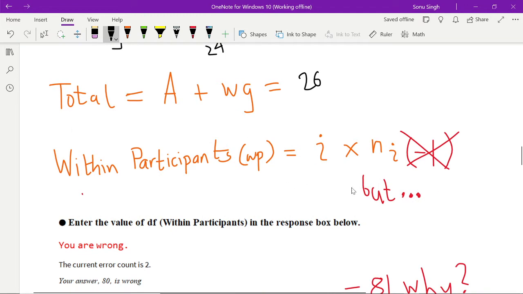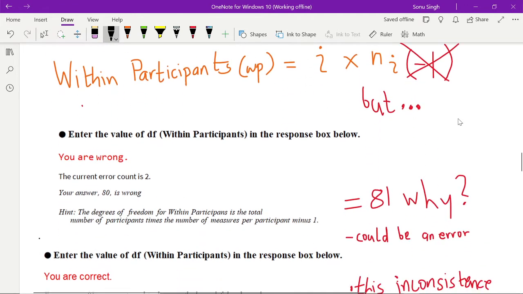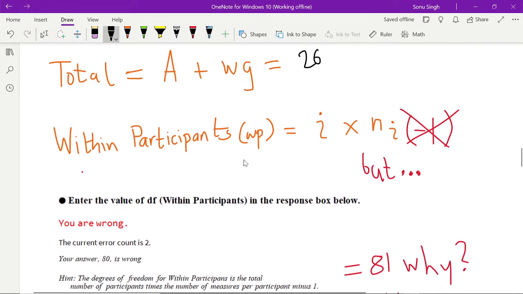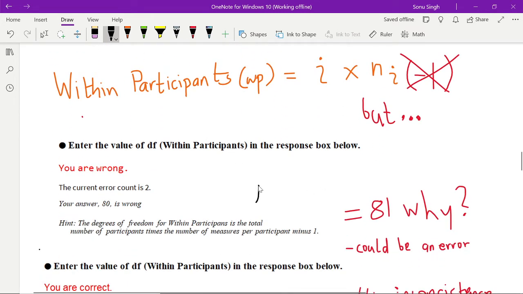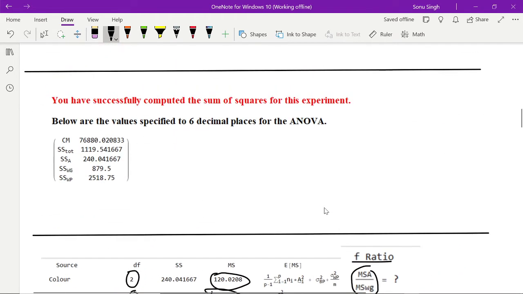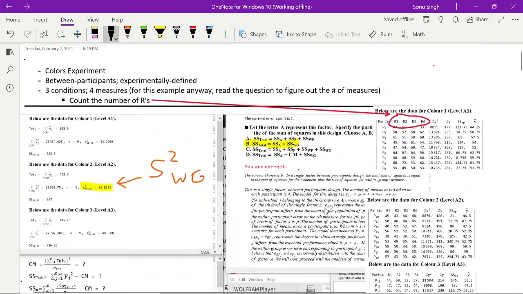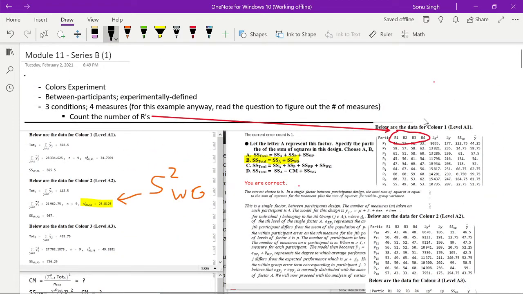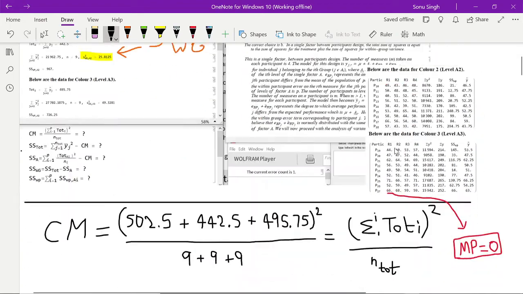And then for within, okay, now this one is actually a little tricky, because if you followed what they did up there, it was actually meant to be 4 times 9, okay? And this is something I don't get either, because they don't remain consistent with it. 3 condition 4 measures.